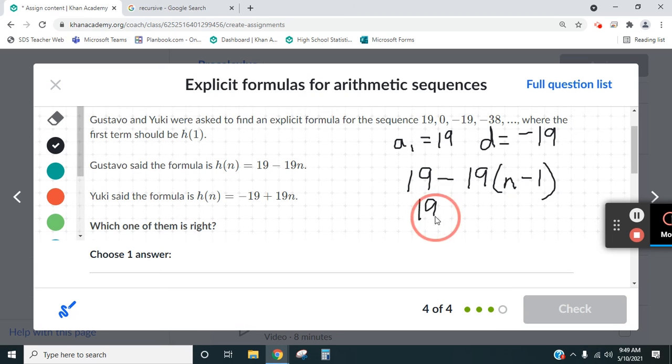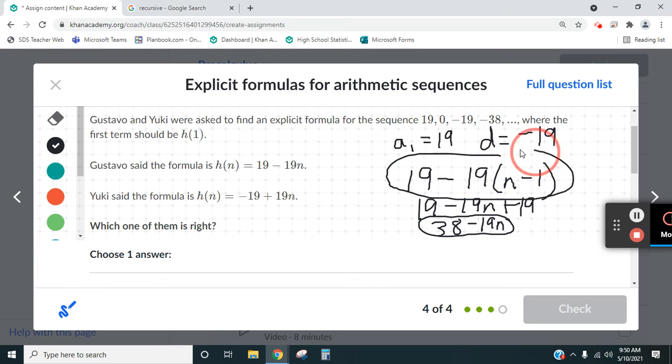Yeah, let's distribute that. Negative 19 times negative 1. Positive 19. So we should have 38 minus 19n. This one or that one should be there. Is it? No.